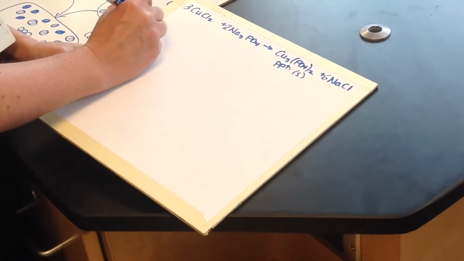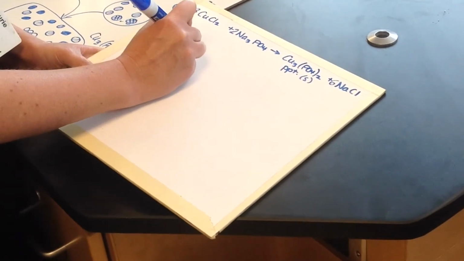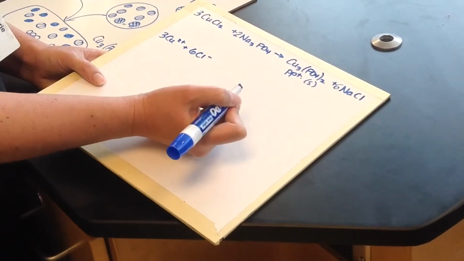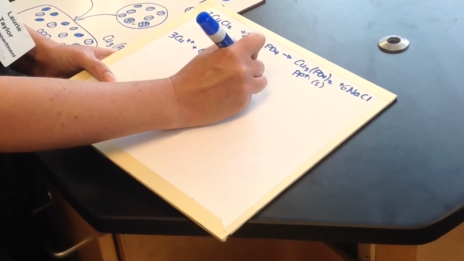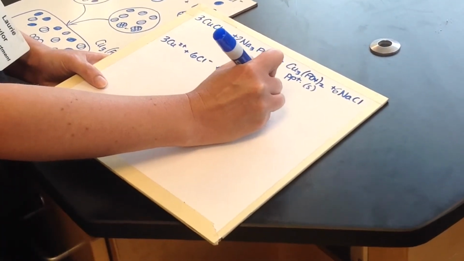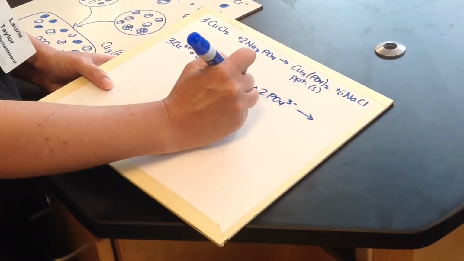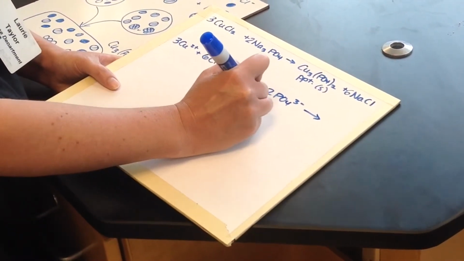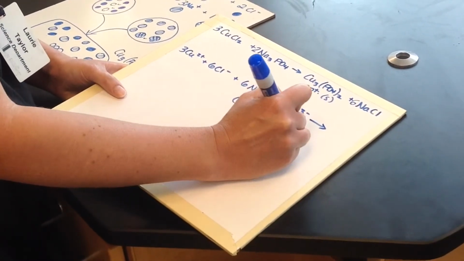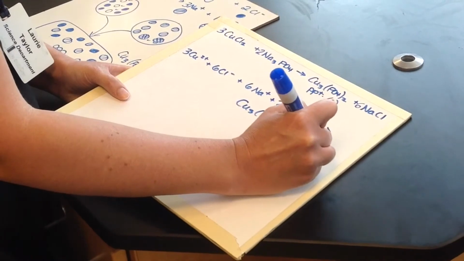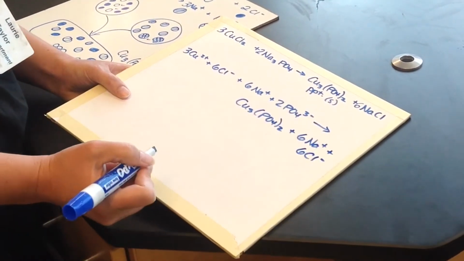And so this is going to break into 3 copper ions and 6 chloride ions. This will break into 6 sodium ions and 2 phosphate ions. Our precipitate we will keep together because it is not soluble, it's not ionized. And then salt, which we all know is soluble, will break apart.